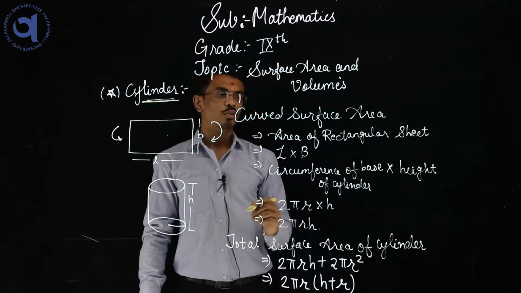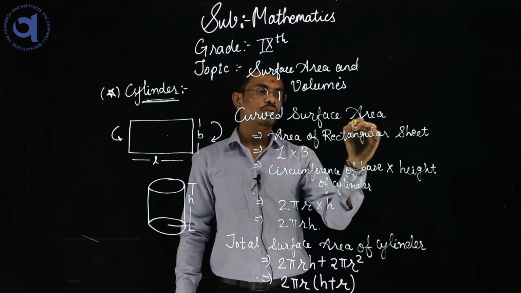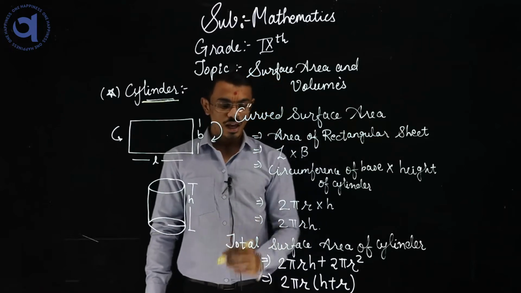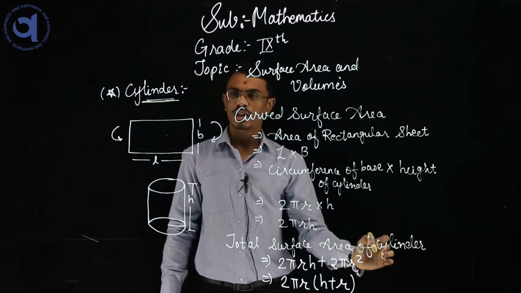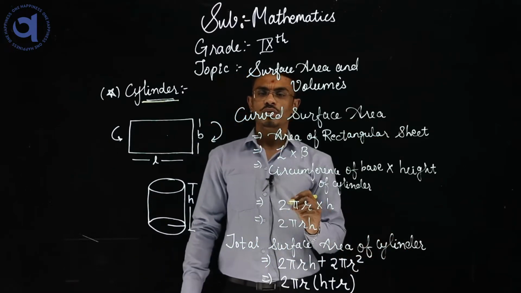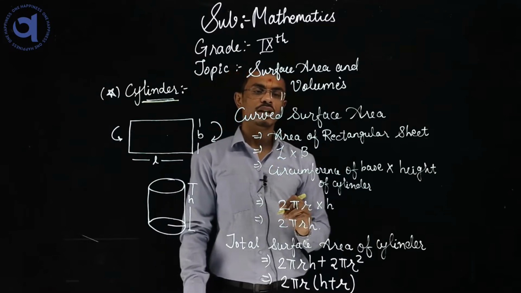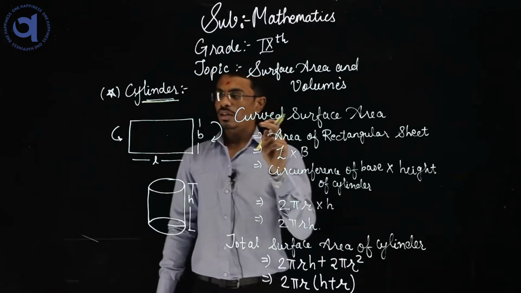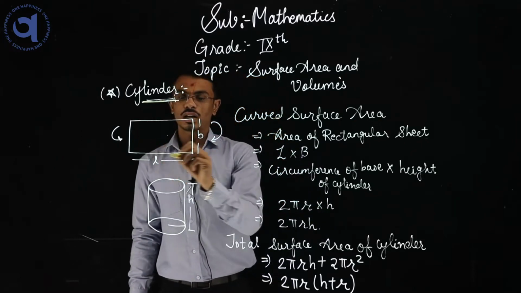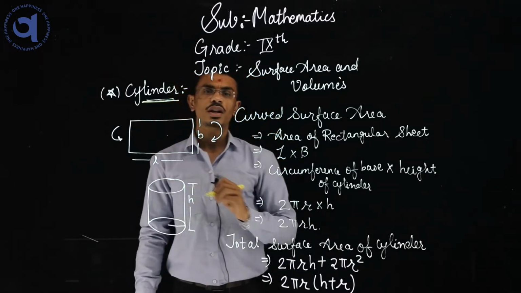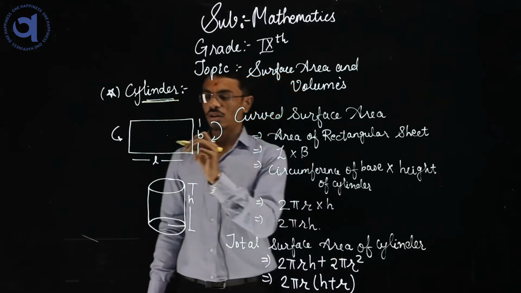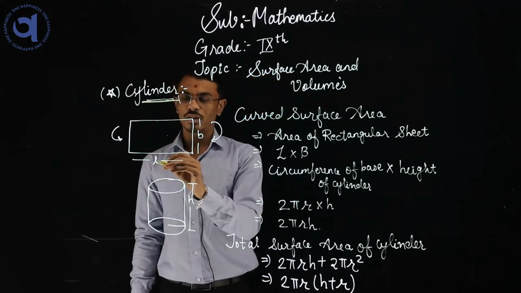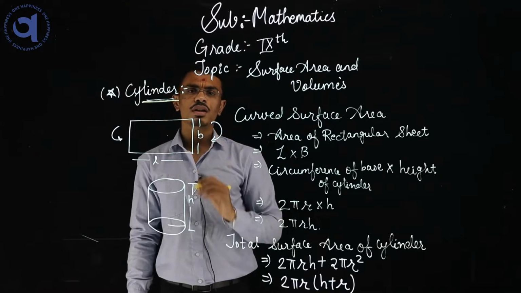Two types of formula are there. First of all, the curved surface area of a cylinder, and next is the total surface area of a cylinder. So let us first derive the curved surface area of a cylinder. In this case we are taking one rectangular sheet. This part is our length and this is our breadth.